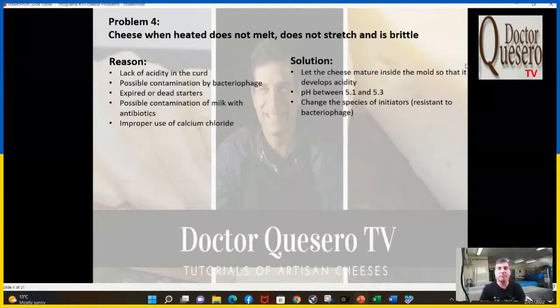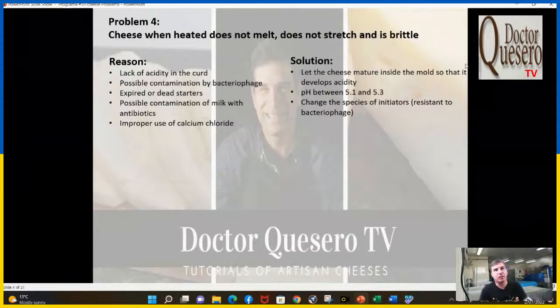If you are using, for example, Lactococcus lactis, change it to Lactococcus cremoris, to put an example. Change the species of the culture. In this way, the culture will be resistant to the bacteriophage, and the bacteria will defend against the virus, and the virus will not be able to attack. Okay, by changing the culture.